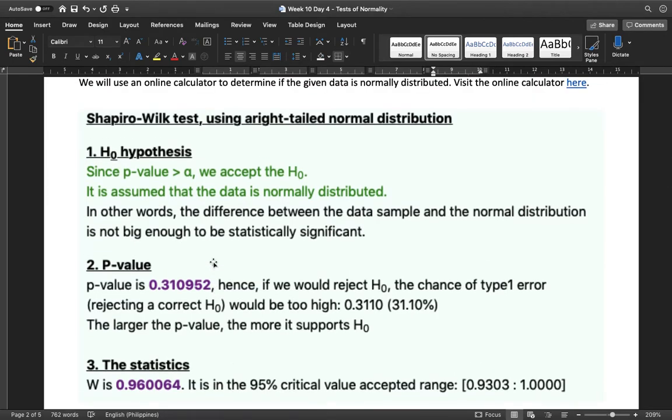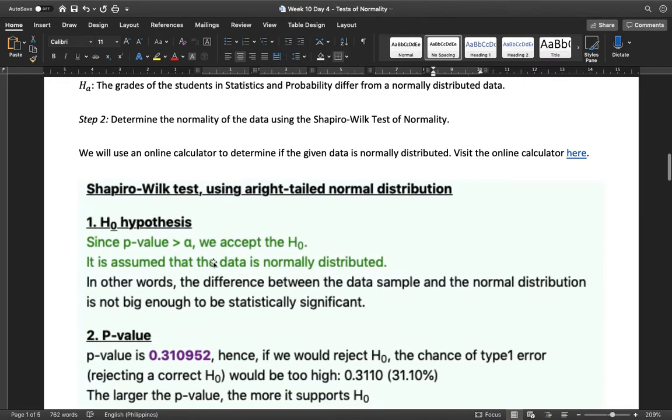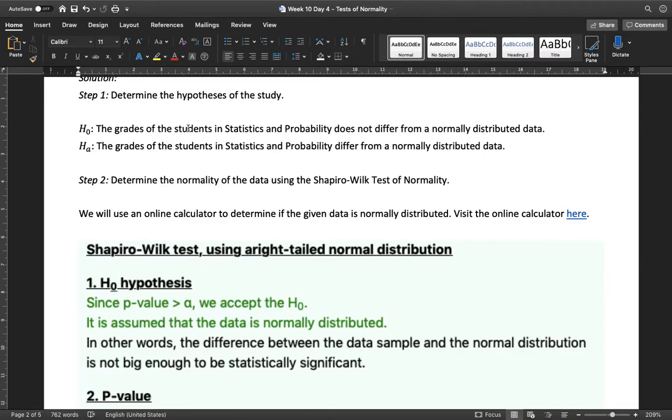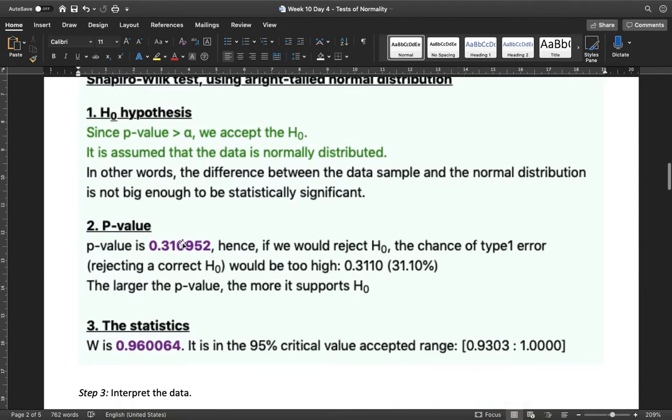Check lang natin kung less than siya or greater than 0.05. Remember, kapag greater than 0.05, we fail to reject the null hypothesis. Kapag less than 0.05, we reject the null hypothesis. In this case, it's 0.31, which is greater than 0.05.